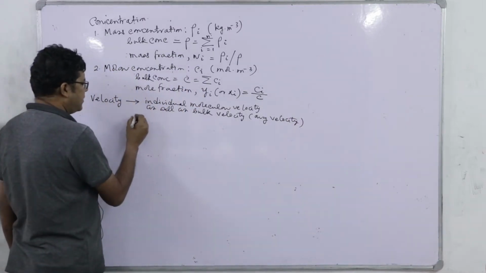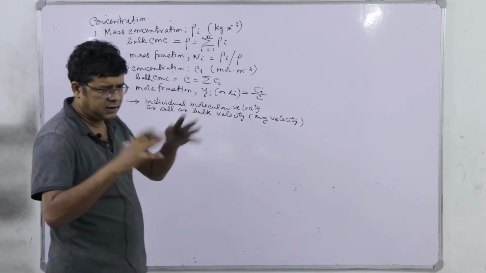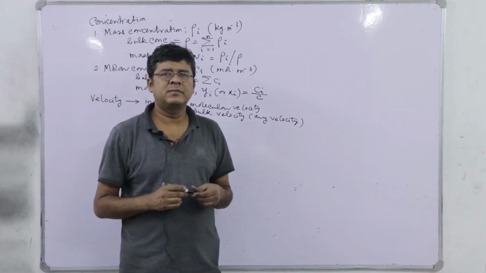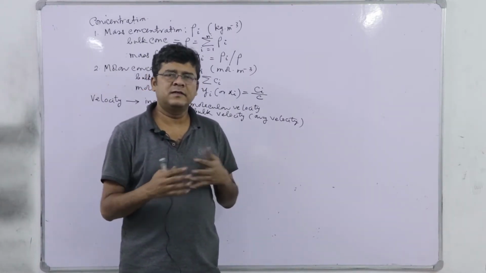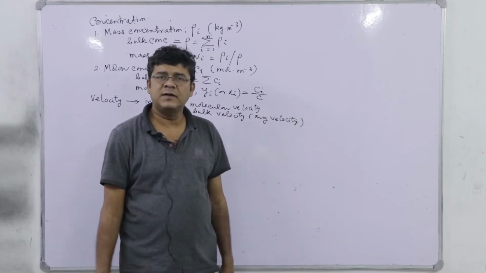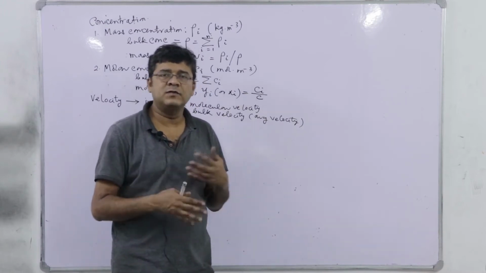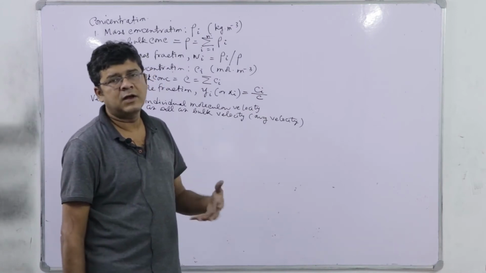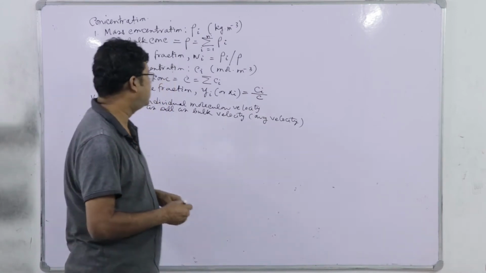Whenever individual species move in a multi-component system, the velocity will definitely be different because there are diffusive aspects of one component with respect to the other, right.